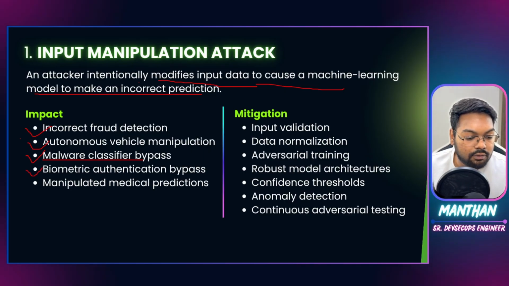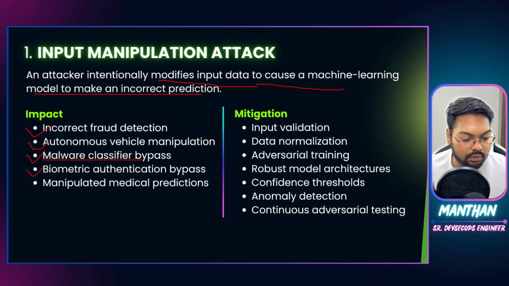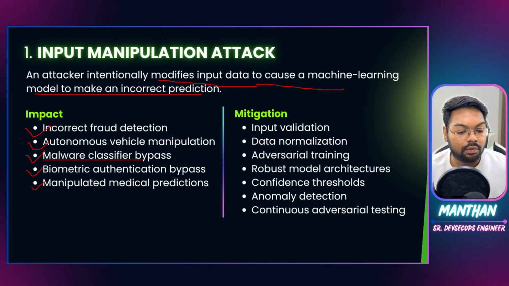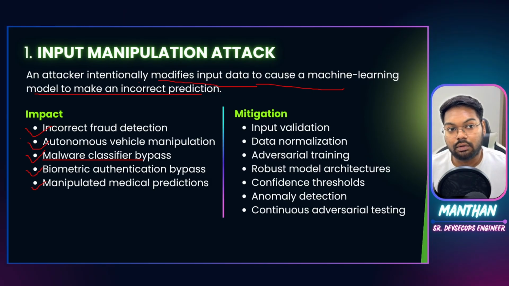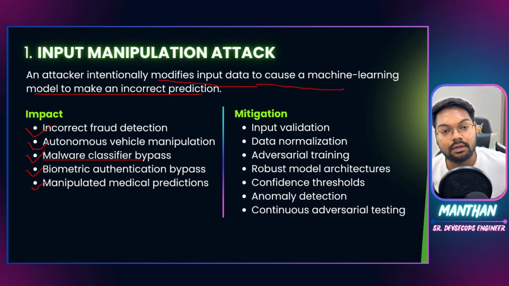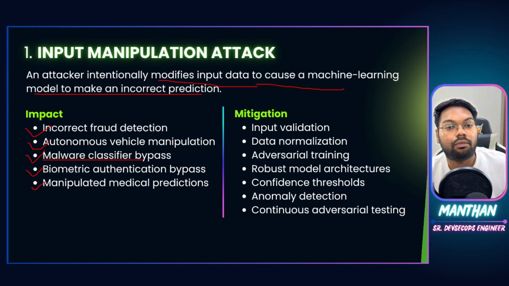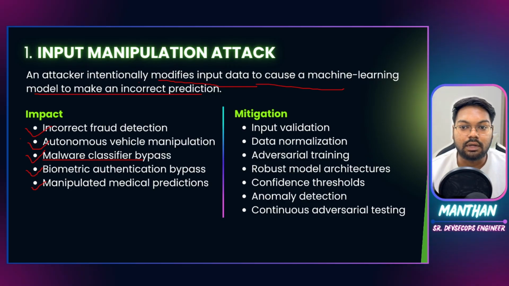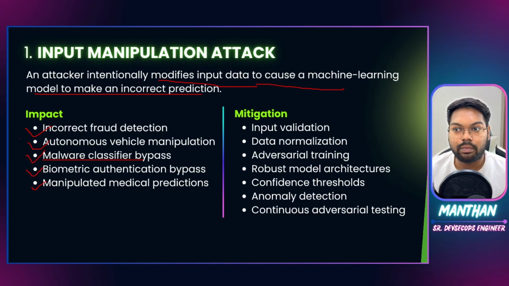And then biometrics could be manipulated, and medical predictions could be manipulated too, as I mentioned, like if someone sneezes or has a cough, and it shows that okay, you have cancer, something like that. So these are different impacts that could be caused on different types of models used in these cases.